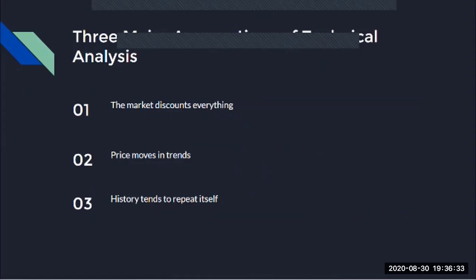Then another thing is history tends to repeat itself. If you go to any asset that has traded for years and years, you see that there has been a period of an uptrend. If you look at the price chart, it will always look something like this. There have been a big period of an uptrend. There have been some period, maybe it started ranging, maybe it started going on an uptrend again.